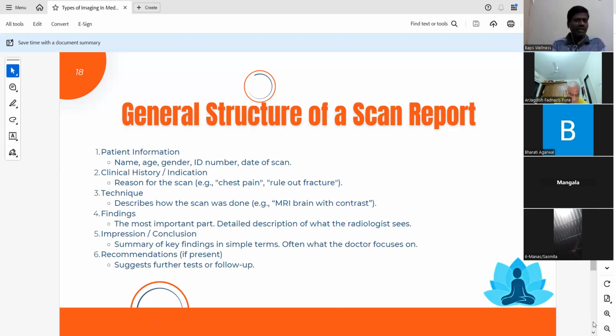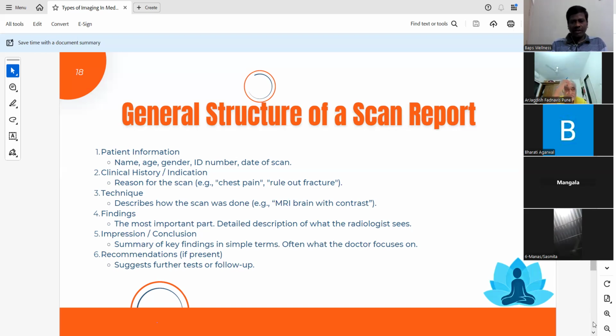It should be there. And then clinical history or the indications. That is the reason for the scan. Why it is being taken, for what condition this is advised or prescribed. And then the technique by which this is done, how the scan was done.